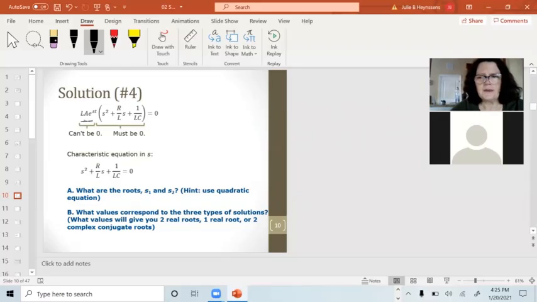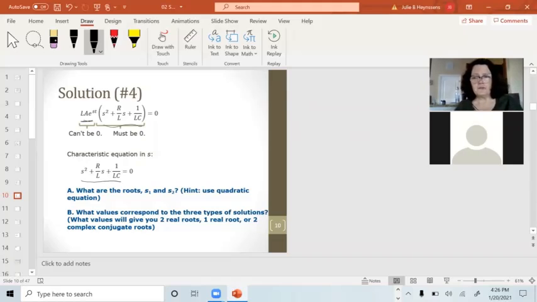E to the something can never equal 0. That's just a rule of math. Which means in order to make this work, the quadratic equation I have in parentheses is what must equal 0. And we call that the characteristic equation, just like you did in math. And this is the characteristic equation here. S squared plus R over L S plus 1 over LC equals 0.